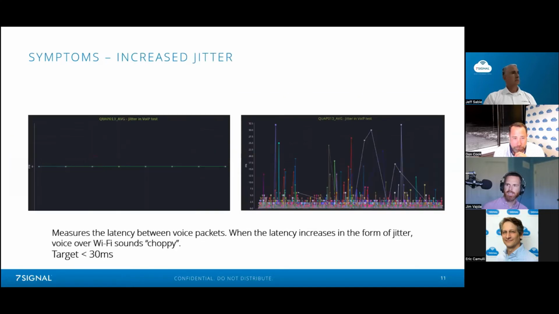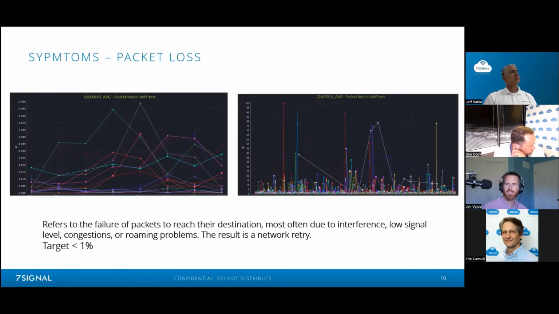Yeah, and that's ugly too because with voice using UDP, there's no other retry mechanism in play unless the application has its own retry mechanism built in. So if those frames are lost, if those packets are lost, they're just gone forever, and it gets ugly.